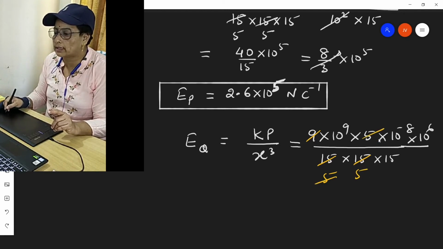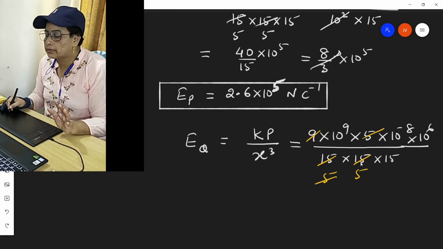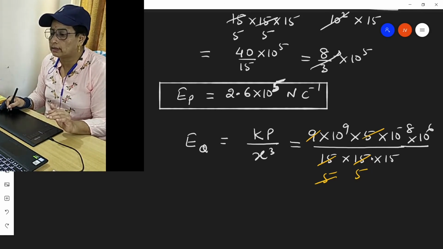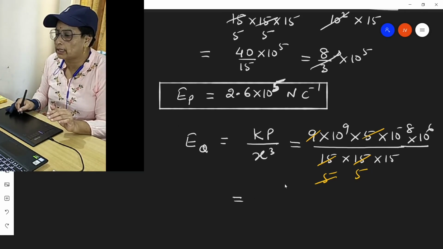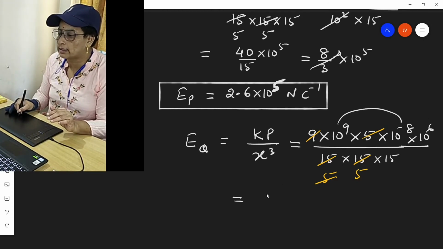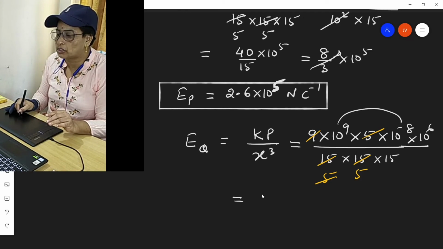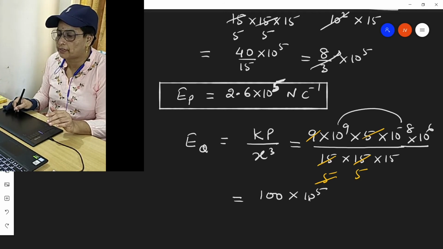You can have a cancellation of 5 here. So in the numerator, this gives a 10, and 10 and 10 to the power 6 is 10 to the power 7, which we can write as 100 into 10 to the power 5 by 5 into 15.